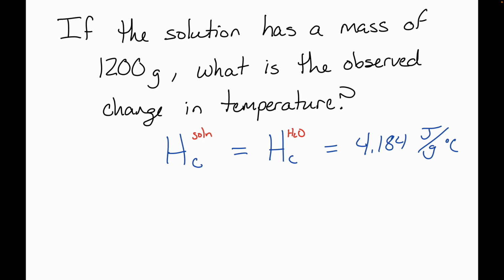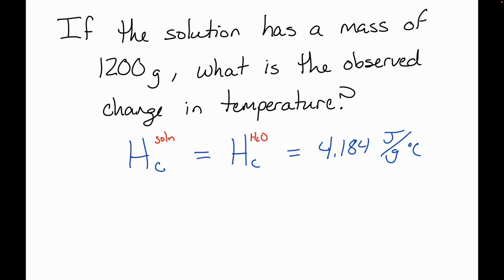Now, this is a bit of an approximation. It's a pretty dang good approximation. It actually gets worse the more concentrated your solution is, but for dilute solutions, this is a perfectly great approximation to use. And importantly, this is what we're going to use. So boom, mark it down. And this is because it's aqueous, correct. If it was an alcohol-based solution, we would use the heat capacity of an alcohol.